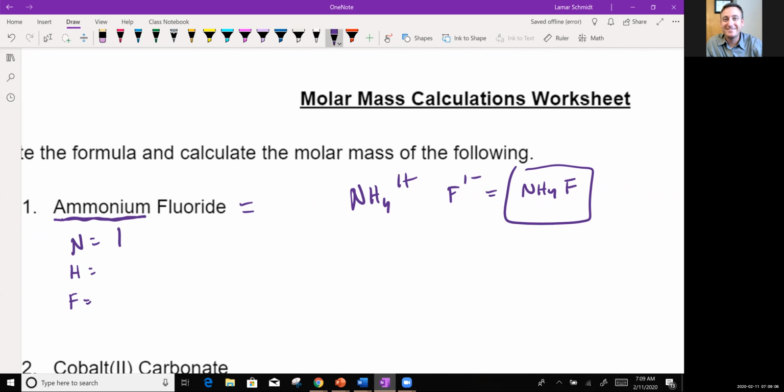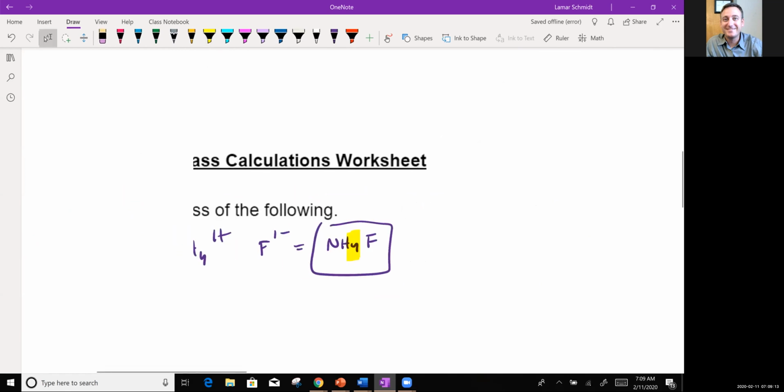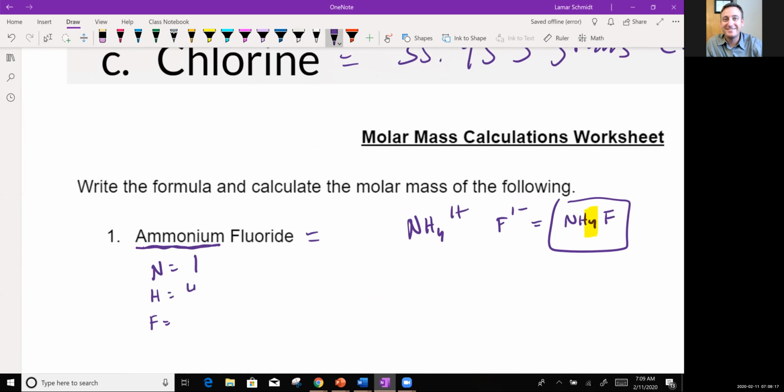And if you're looking at hydrogen, you see that it says 4. So we have 4 hydrogen. And then we have 1 fluorine. And you're multiplying those values by the mass of 1 mole. And if you remember from part 2 in our bell work, you can determine the mass of 1 mole by simply going to your periodic table.